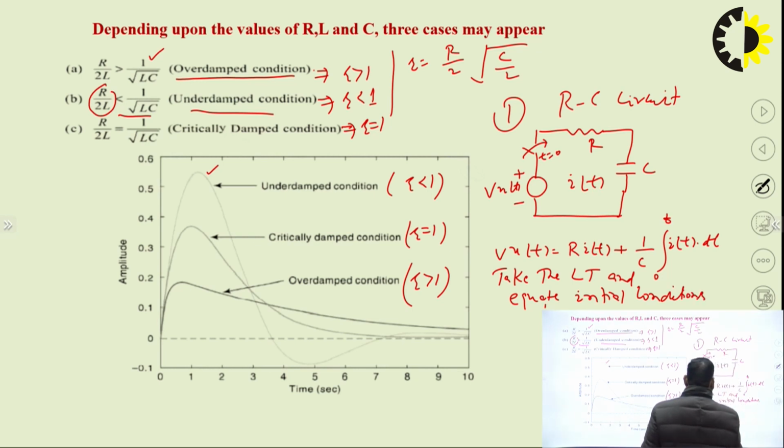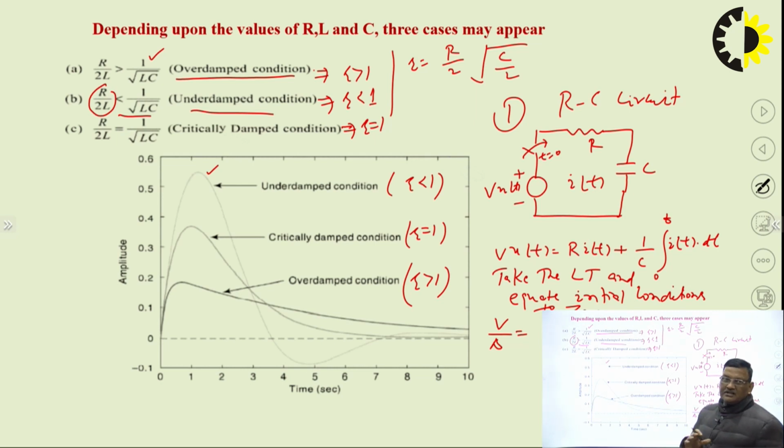So V by S is equal to R I(S) plus I(S) upon SC, because the initial charge across the capacitor is 0.